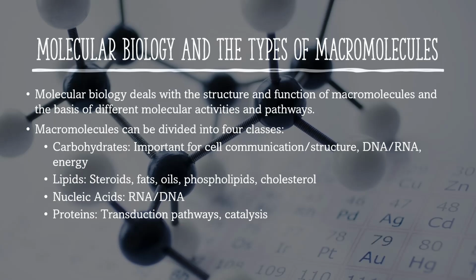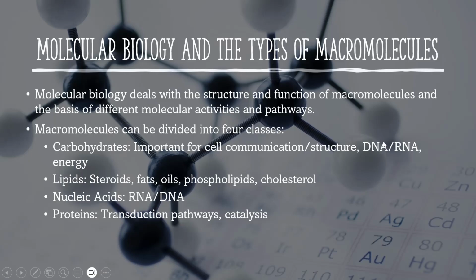Carbs are really important for cell communication and structure. They're components of the cell membrane, and you can see them as extensions on the cell as glycoproteins, which are important for cell recognition, junctions.